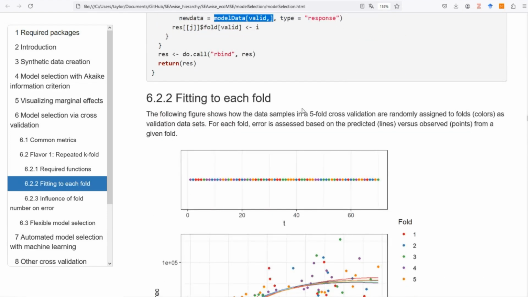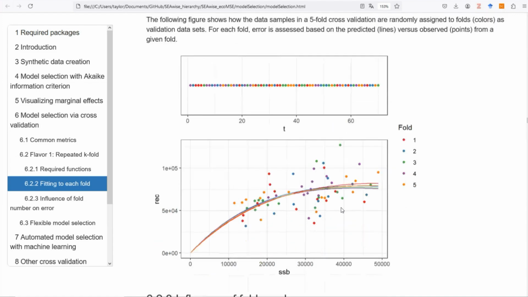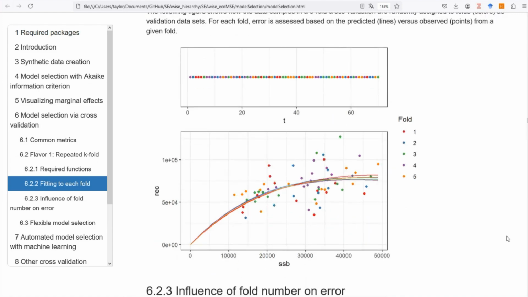So in theory, or in praxis, what's happening is, let's say I divide my data from this example into 5 folds. Here they're just randomly assigned such that each value is put into one of the folds, and they're roughly of similar size. And so that's random in terms of time, and this is what it looks like in terms of the stock recruitment data.